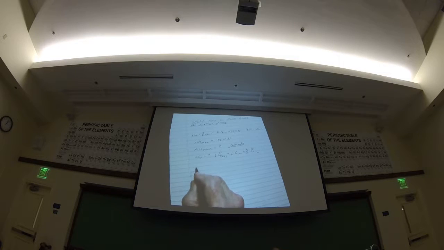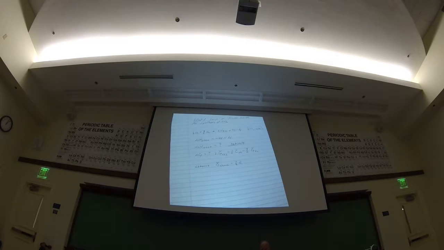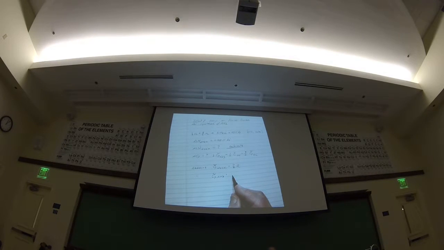So the heat capacity of nitrogen and hydrogen are both 7/2 R. Assume the heat capacity of NH3 is 3/2 R for translation, 3/2 R for rotation, so that's 3R at constant volume.